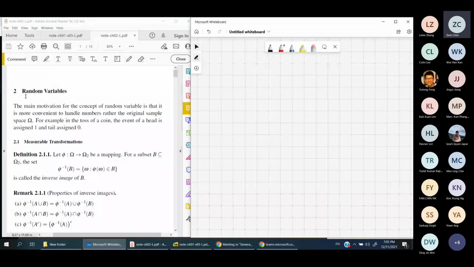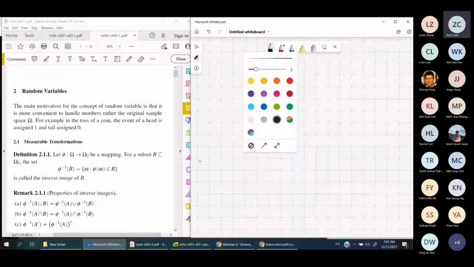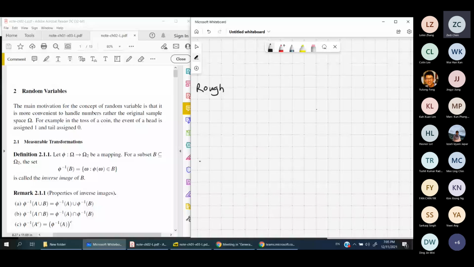Right, so chapter 2 will be about this thing so-called a random variable. All right, so just a rough idea. What is a random variable?